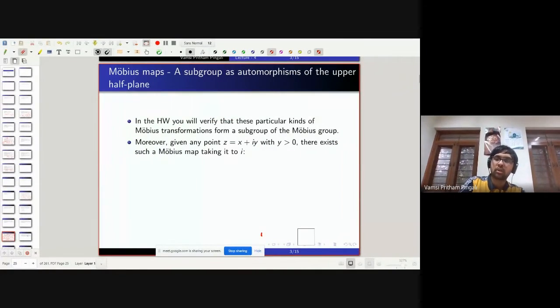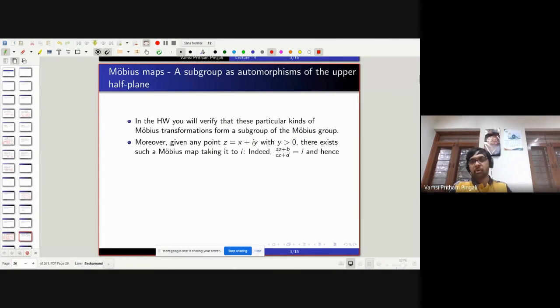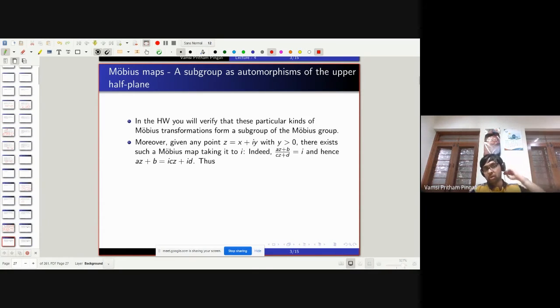All right. So suppose we want (az plus b) by (cz plus d) equals i, with a, b, c, d real. Then you can cross multiply on both sides. Therefore, if you write z as x plus iy, you'll get a times (x plus iy) plus b is ic times (x plus iy) plus id.